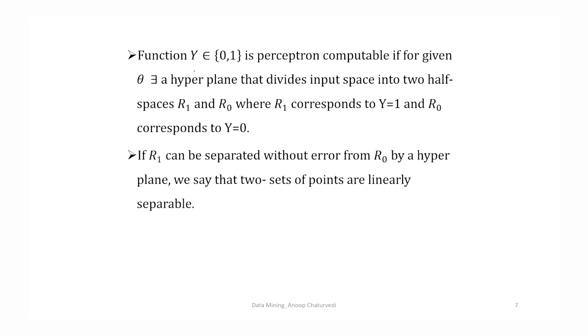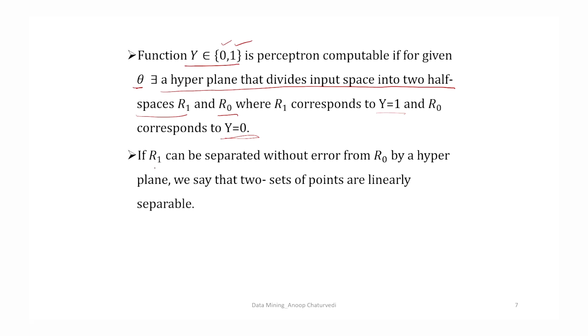Now, this function y, which takes value either 0 or 1, is said to be perceptron computable if for given theta there exists a hyperplane that divides input space into two half spaces, say r 1 and r 0, where r 1 corresponds to y equal to 1 and r 0 corresponds to y equal to 0.